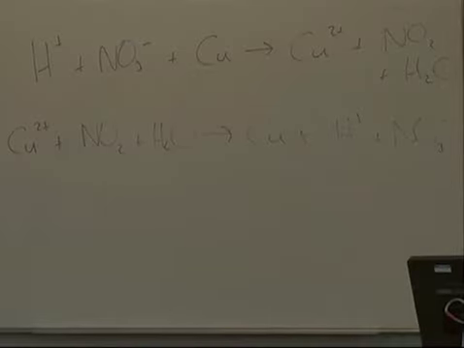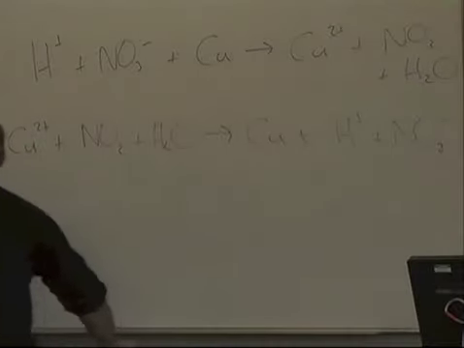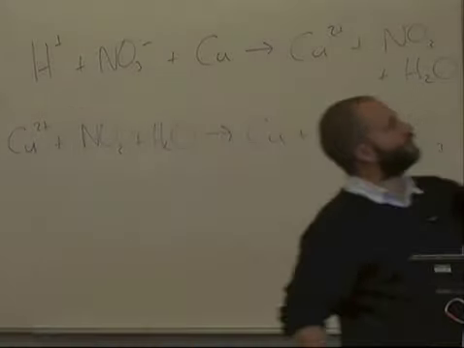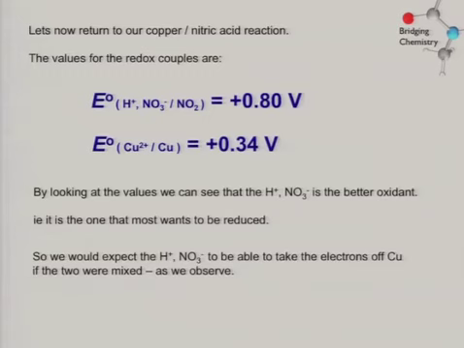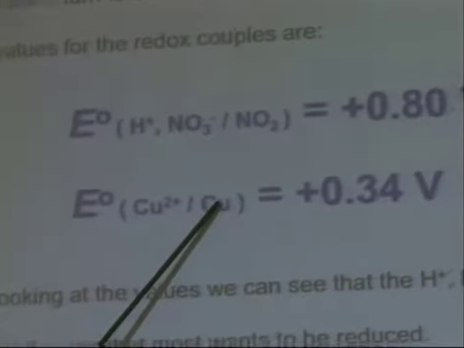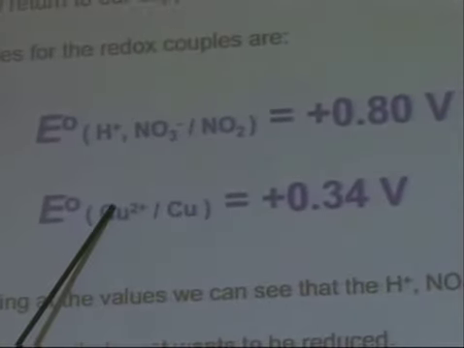For each of those two redox couples, you can either have it written one way or the other way. So the top one is what you would have if this was the reduction in your redox reaction, and so the oxidation had to come from this one, and the oxidation would be copper going to copper 2 plus.